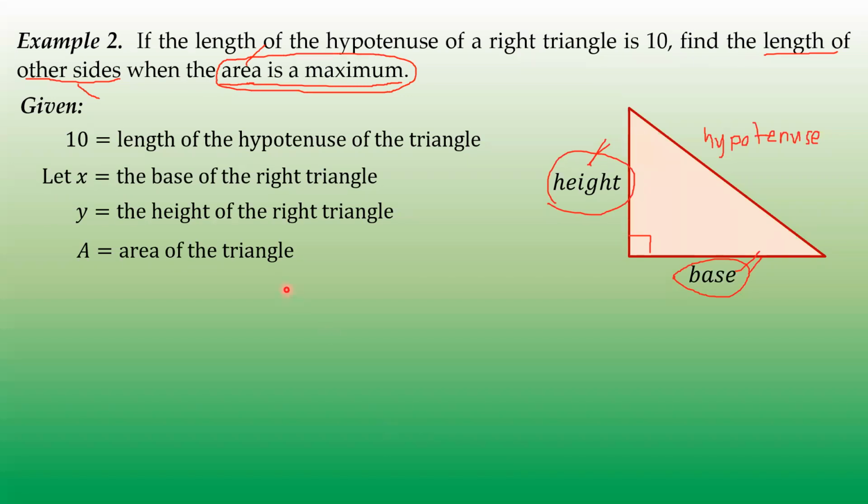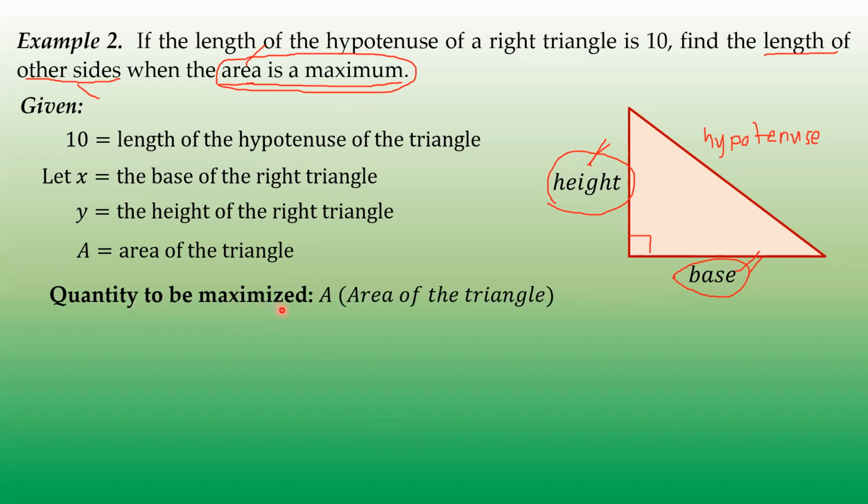Okay, so we're going to determine the quantity to be maximized or minimized. So in our problem, sabi maximum, so dun tayo sa maximized. Okay. So meron tayo ngayong quantity to be maximized, yun yung area ng triangle natin. So manggagaling yung ating equation doon sa quantity natin to be maximized, which is the area of a triangle.